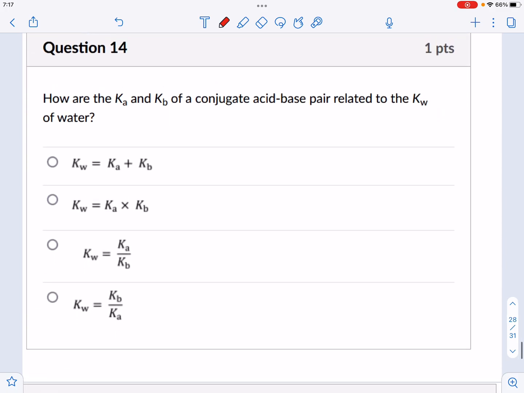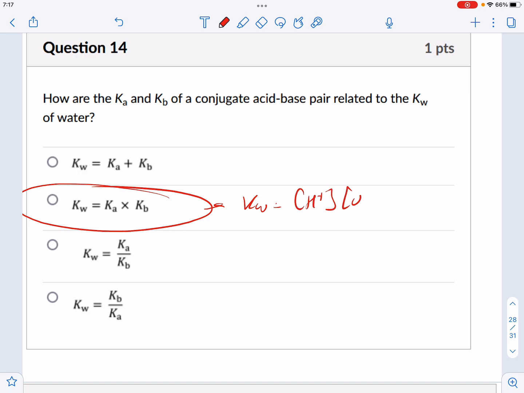How are Ka and Kb of a conjugate acid-base pair related to the Kw of water? Well, we can cut to the chase here, right? So it's the same relationship that you have with the H plus and the OH minus. So this is similar to Kw being equal to H plus times OH minus.